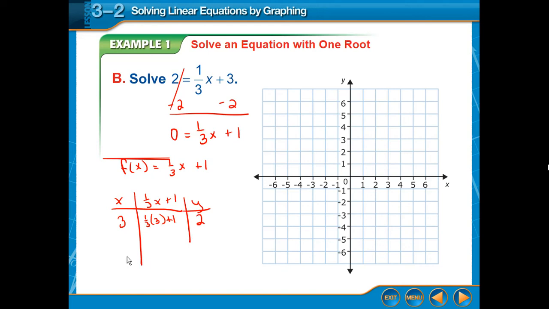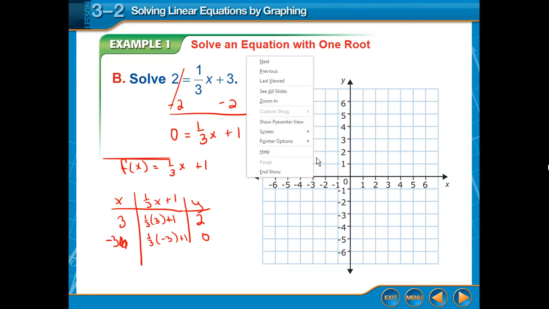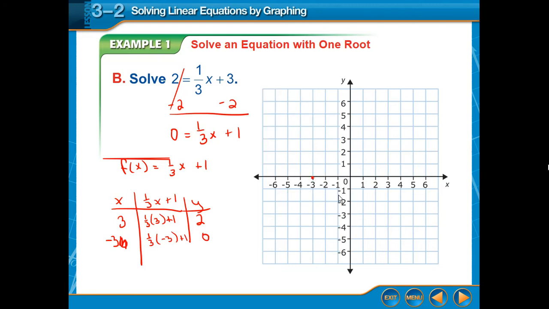Okay, if I put in something like 6, or let's do negative 3. So 1/3 times negative 3 plus 1. So I get negative 1 plus 1 is 0. So I get negative 3, 0 as a point. So right there. And I get 3, 2 as a point. And then I graph these.